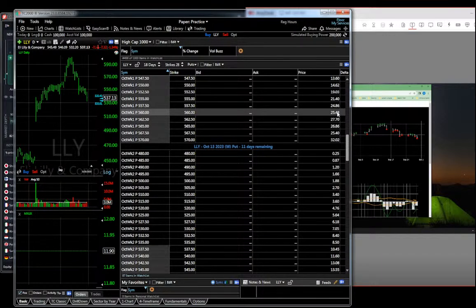So 25.48 minus 32.02. That comes out to be, see, what's that? That's 452. That's 754. Okay, and we paid $364, and so what it did is it doubled.